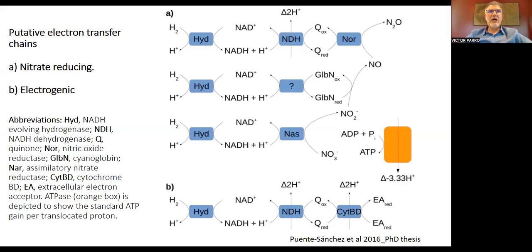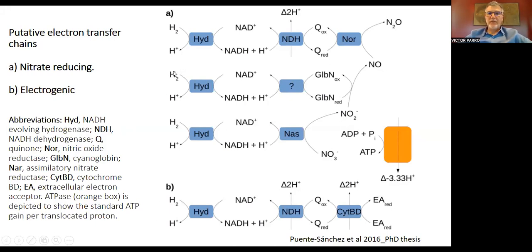But how can a cyanobacterium live in the dark and under these conditions? Well, we identified in the metagenome the pathways and enzymes that give these cyanobacteria the capability of obtaining energy by nitrate reduction, or through an electrogenic way here at the bottom, always using hydrogen as an electron donor.